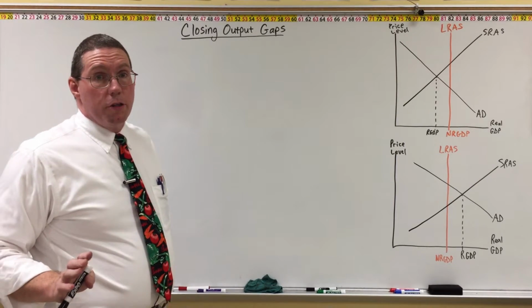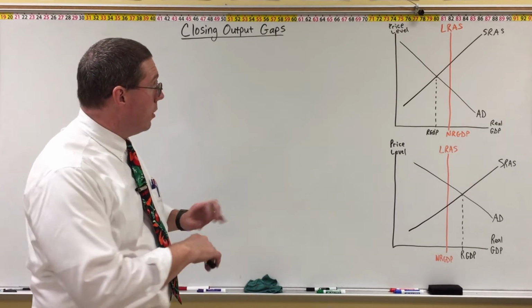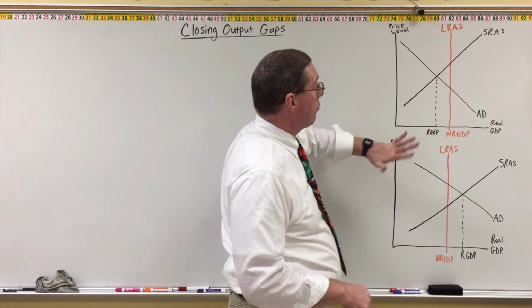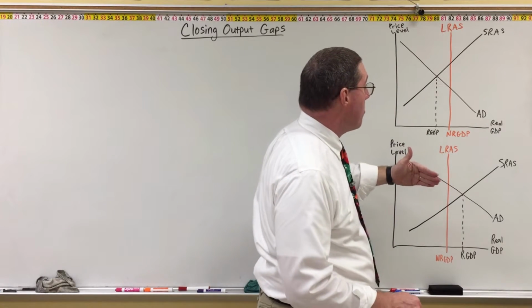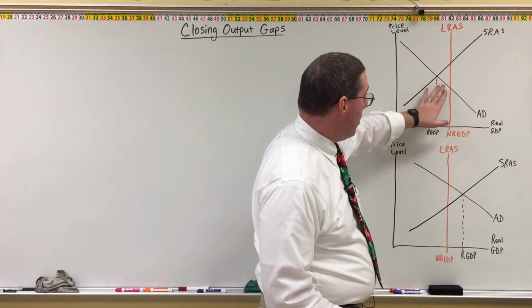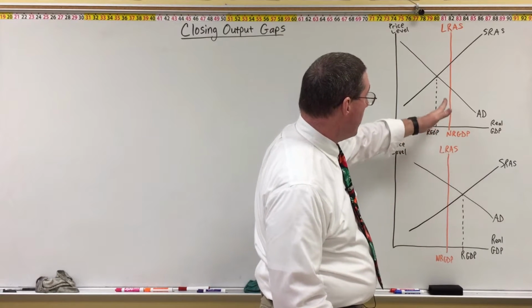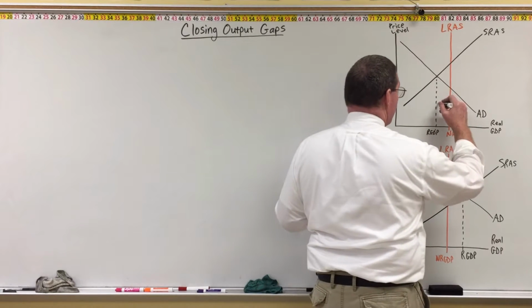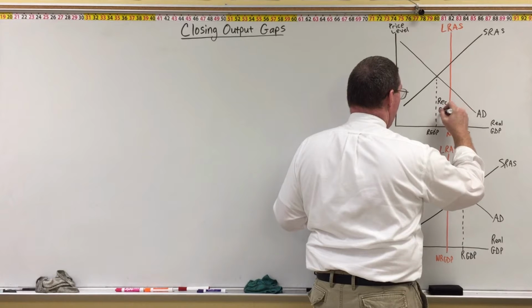All right, so now that we understand how to look at these aggregate market graphs and understand them in terms of output gaps, as you can see here in this one, real GDP is less than natural real GDP, and so this represented right here is a recessionary gap.